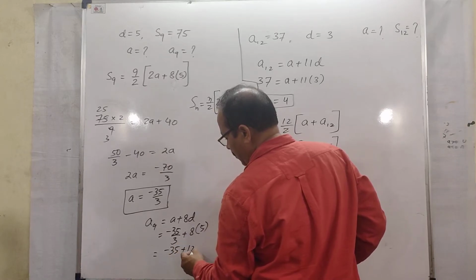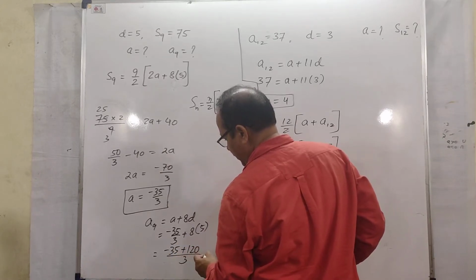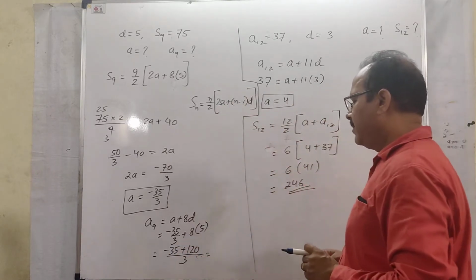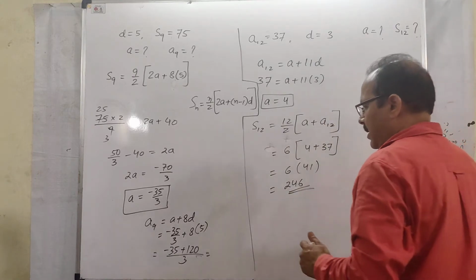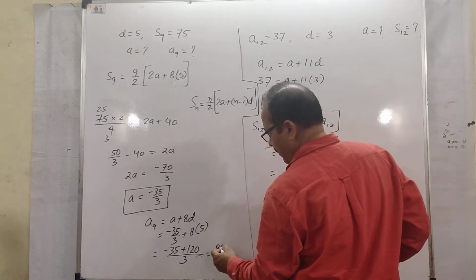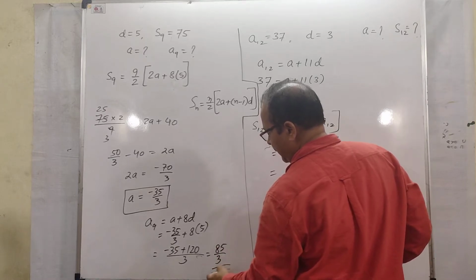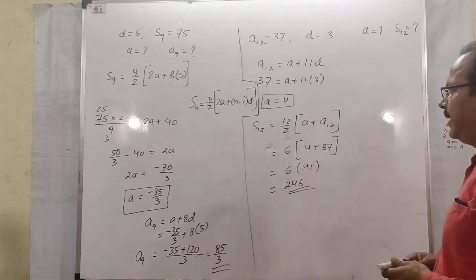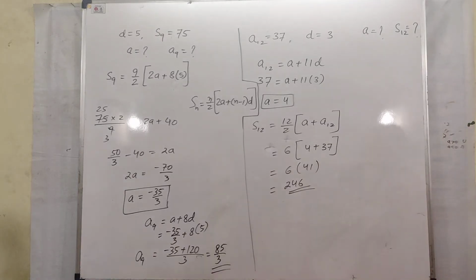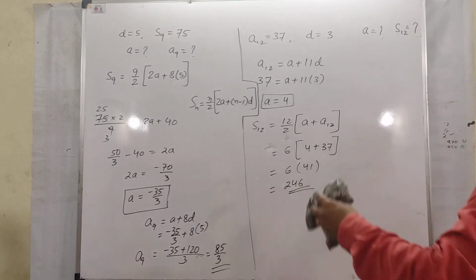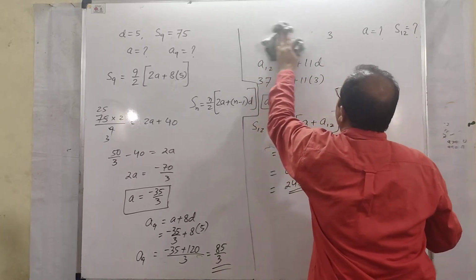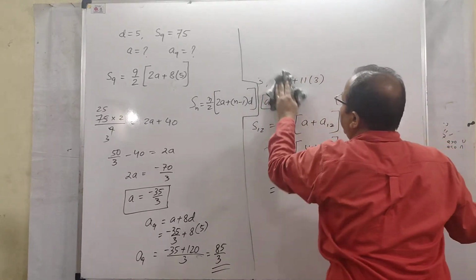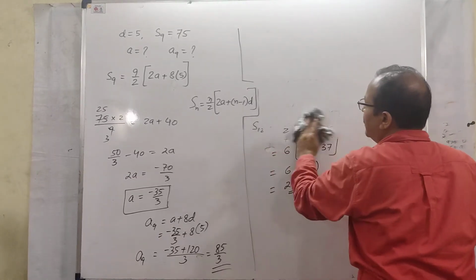So what value has come? Not minus, it is 85 by 3, the value of A9. 85 by 3 will be the value of A9. Look carefully, first we used the formula of S9.